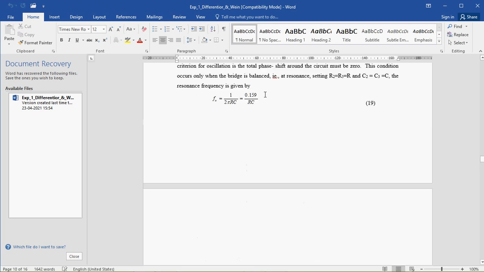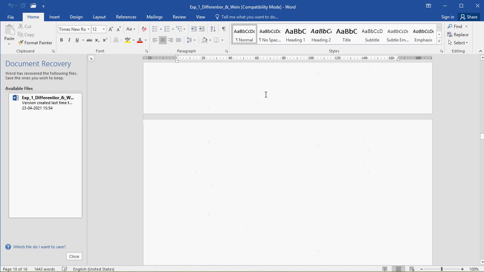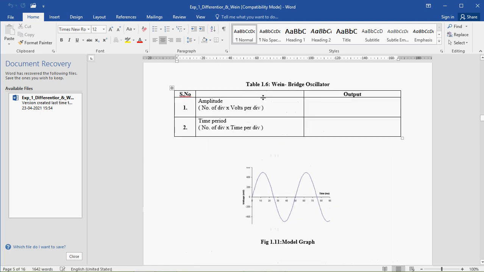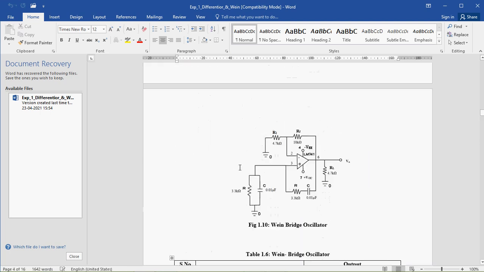So when you see the circuit diagram here, this is the Wein bridge oscillator circuit diagram. On the input side we will not be giving any input signal, but it produces output voltage V0, because there is a noise factor that exists in the circuit.